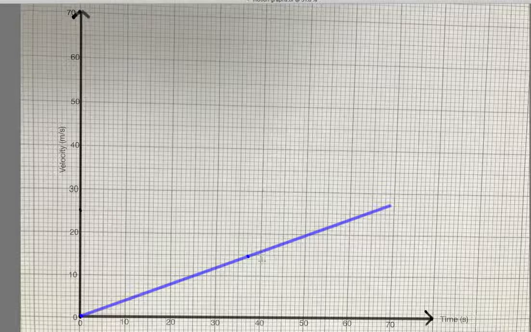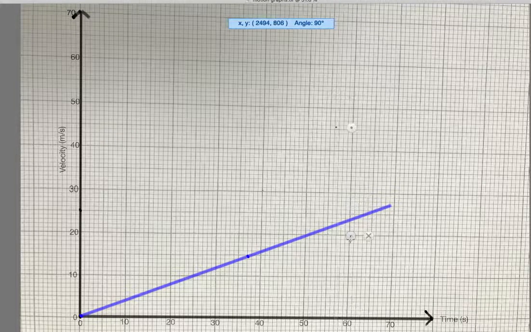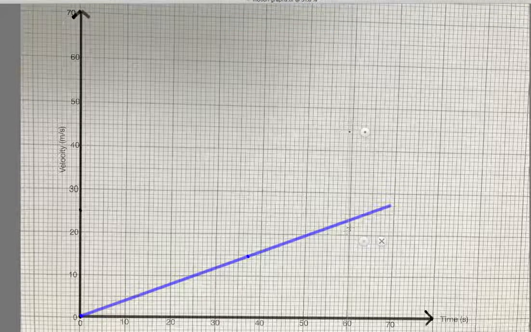If we want to know how far our object, whatever it might be, has gone in a certain length of time, let's say in 60 seconds, we want to know how far it's gone.